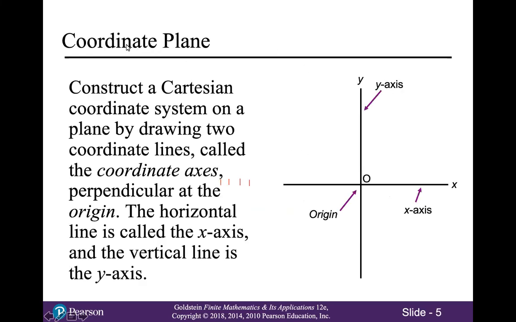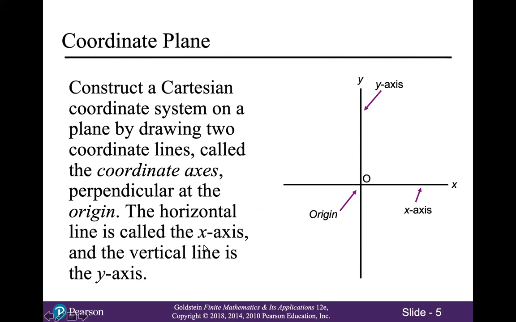All right, next we have the coordinate plane. We construct a Cartesian coordinate system on a plane by drawing 2 coordinate lines called the coordinate axes, and we draw those perpendicular to each other at the origin.